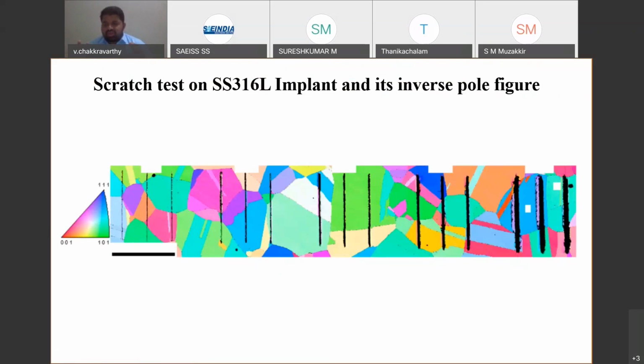Tribolone texture is the most important texture for FCC materials. For FCC materials like aluminium and stainless steel 316L, this tribolone texture has the highest corrosion resistance and highest wear resistance. So we could observe how wear could be correlated with the grain orientation.